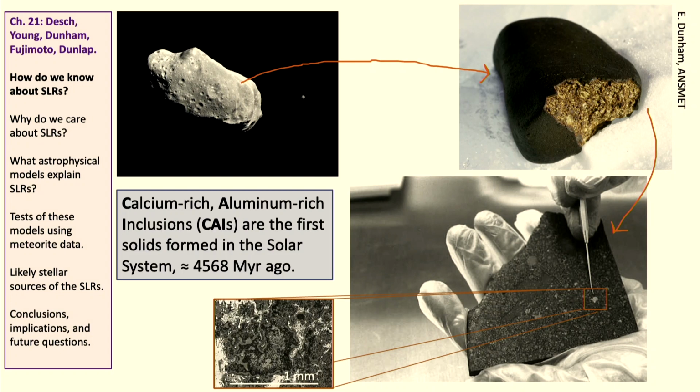And the chondrites have chondrules, they have CAIs, and the CAIs are especially important because these are the first objects to have formed in the solar system, and these are the primary way we know about the existence of short-lived radionuclides in the early solar system.